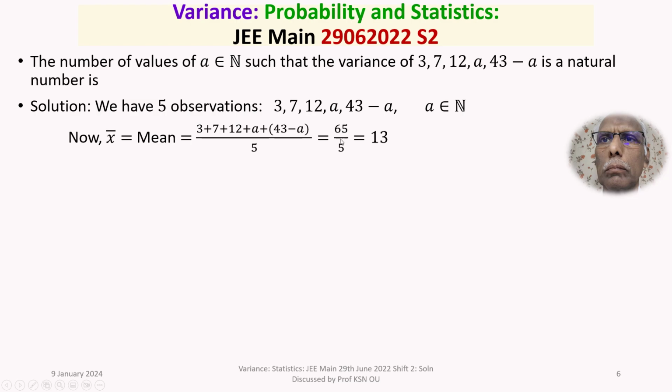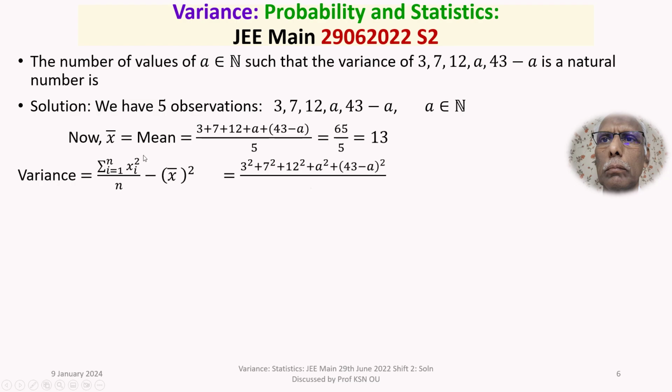That will be 65 by 5, which is equal to 13. Now we calculate its variance. Its variance is given by the sum of the squares of the observations divided by the number of observations, minus the mean square. And when computed, you will get this.